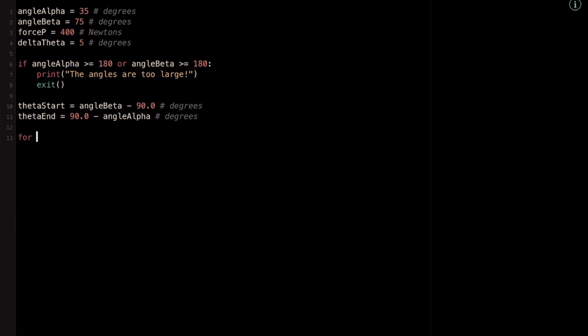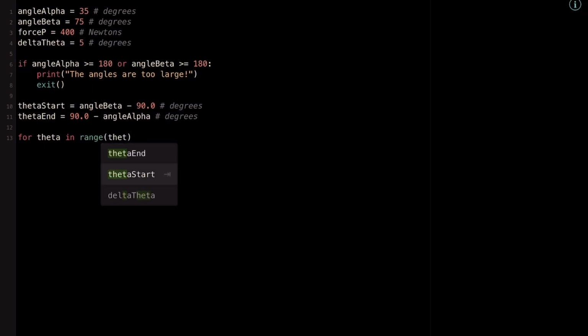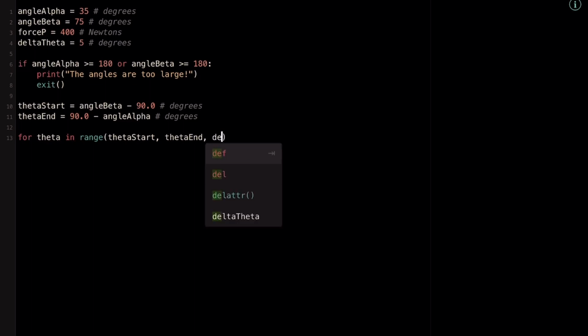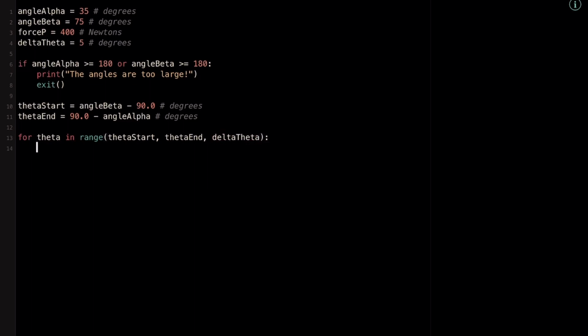I'll write out the for loop here first. I'll say for theta, that's going to be our theta variable, in the range from theta start to theta end in an increment of delta theta, I want to do something here.